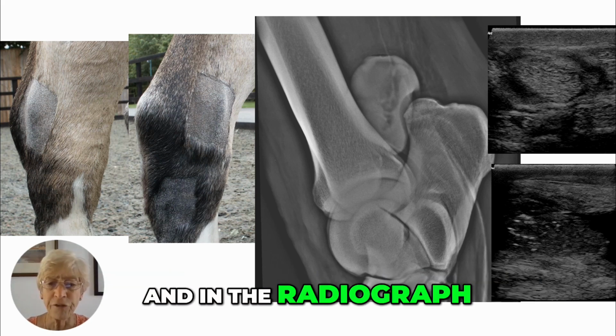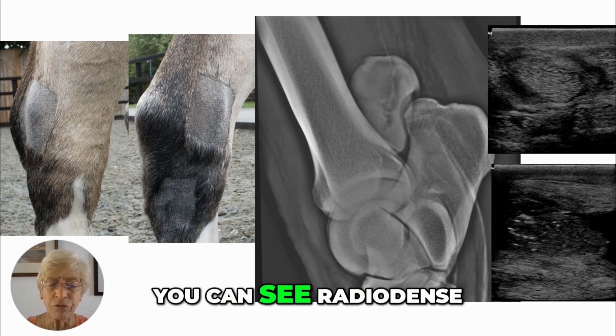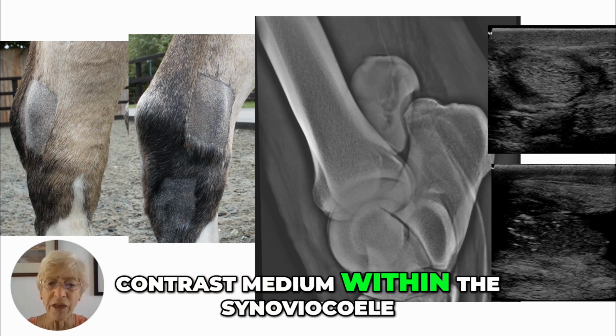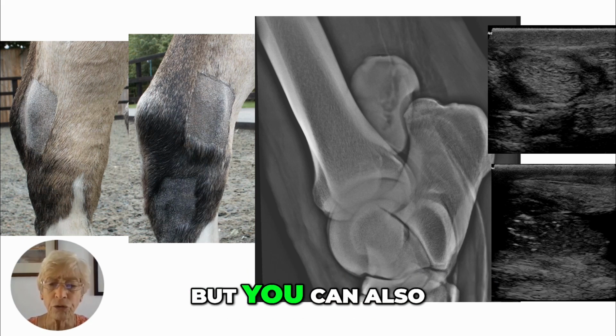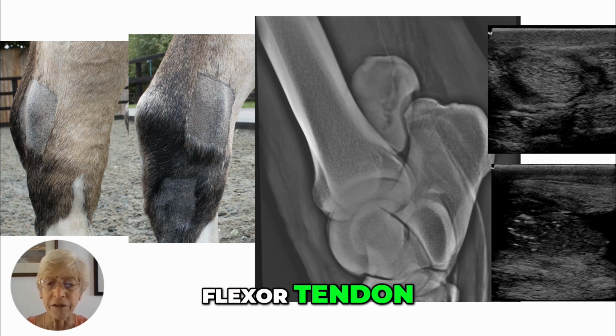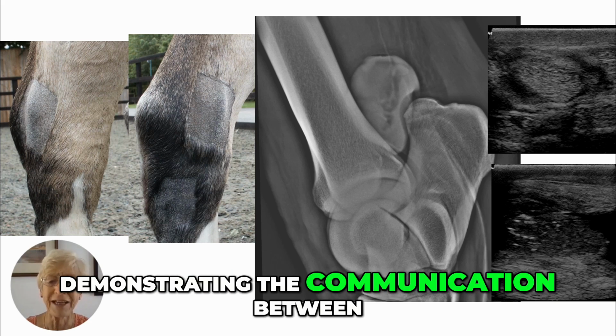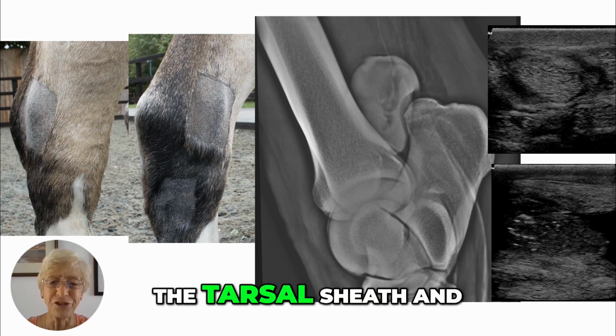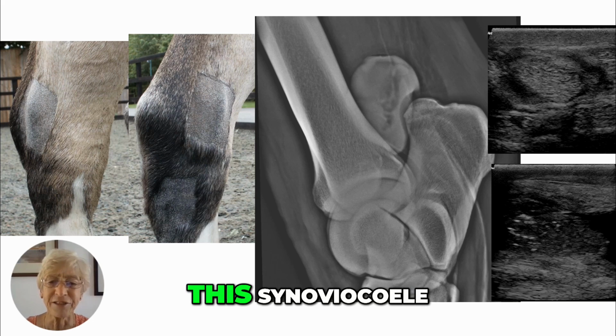And in the radiograph in the middle, you can see radiodense contrast medium within this synovial, but you can also see outlined the lateral flexor tendon, so therefore demonstrating the communication between the tarsal sheath and this synovial.